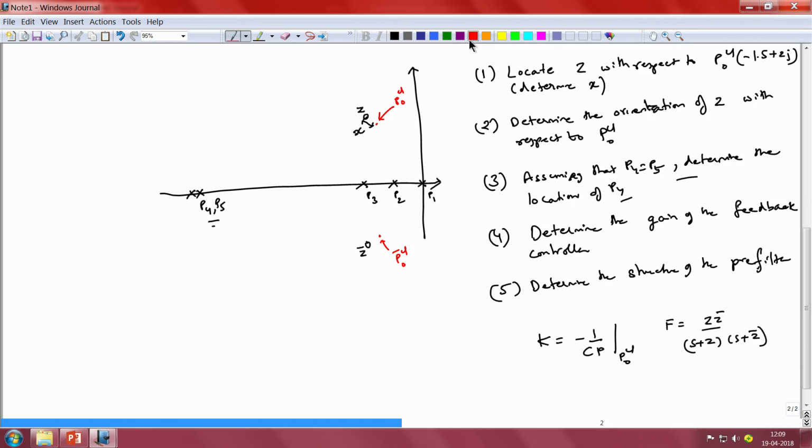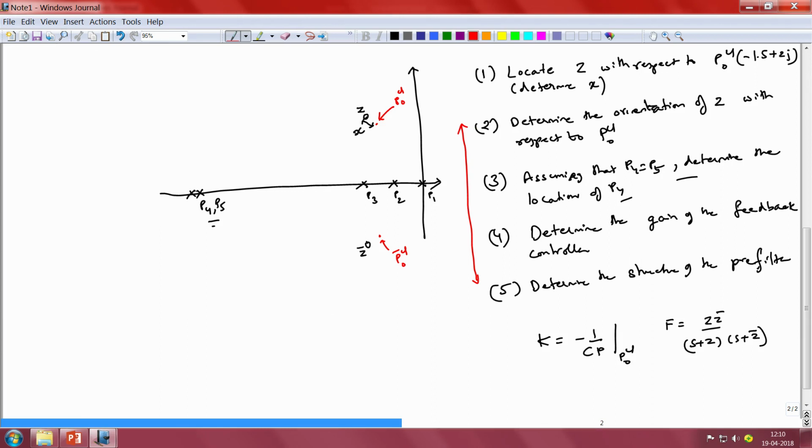Hence the first step alone is something that is new and that has to be investigated for this particular case where we have the plant's pole to be uncertain instead of its gain, while the other steps are exactly identical to the steps that we undertook in the previous design which we discussed in the previous clip.